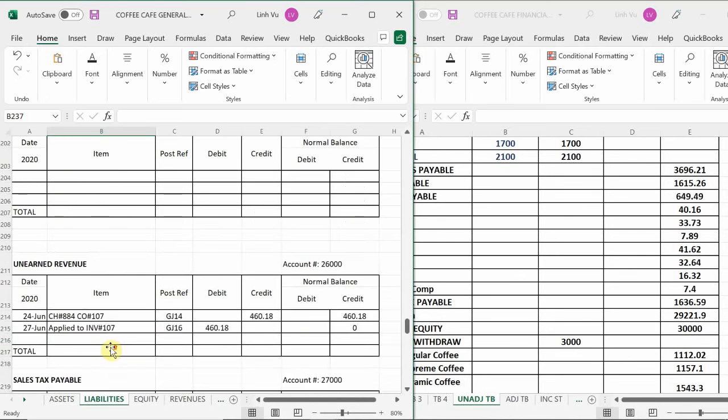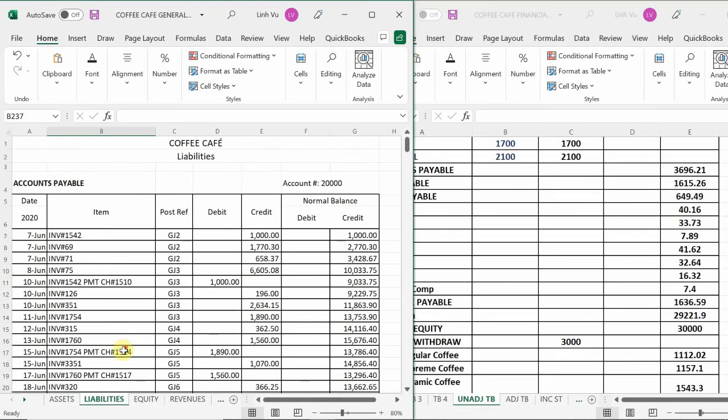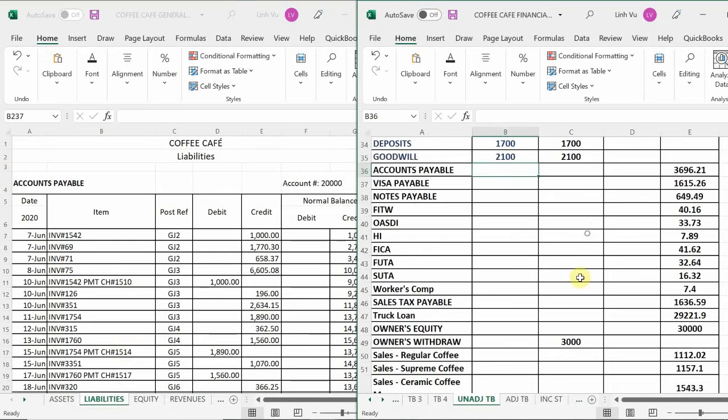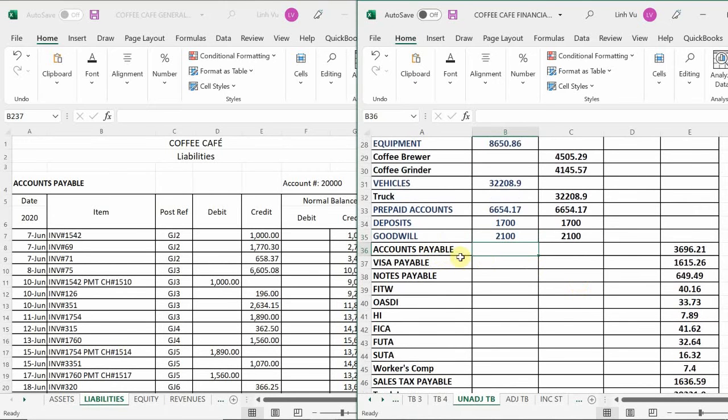Which is going to be my liabilities. Okay. First one we have here is my accounts payable account. Accounts payable is already a main account.